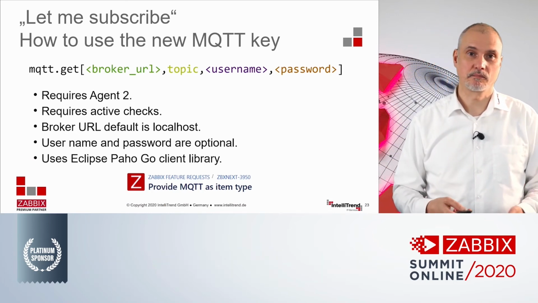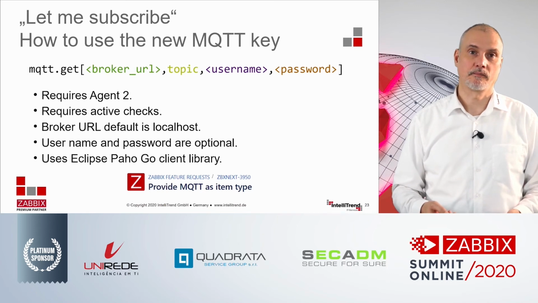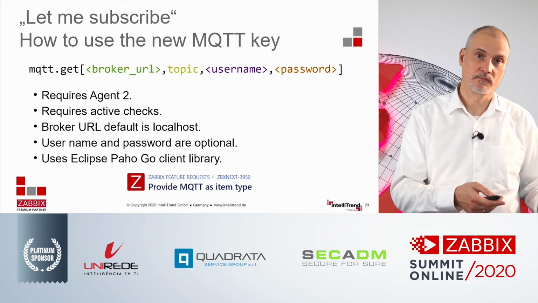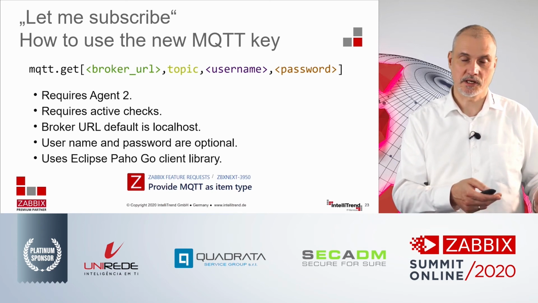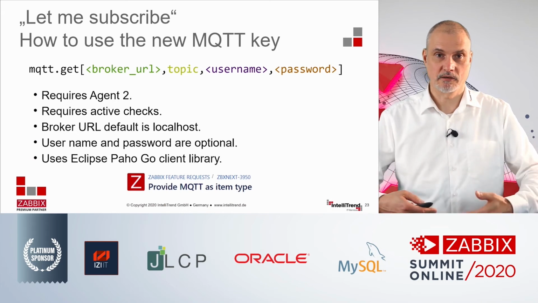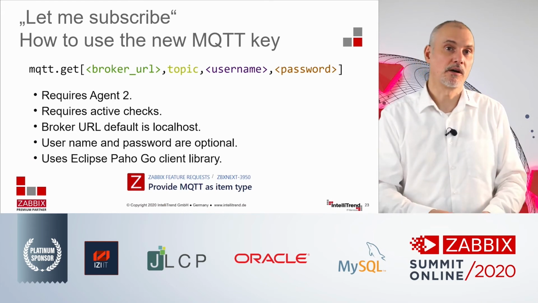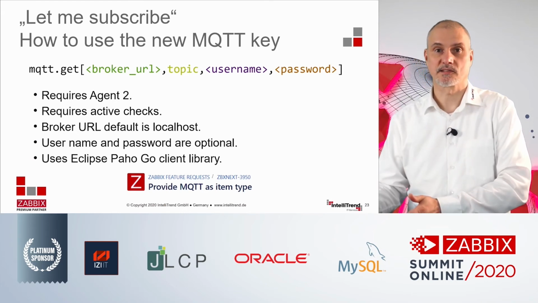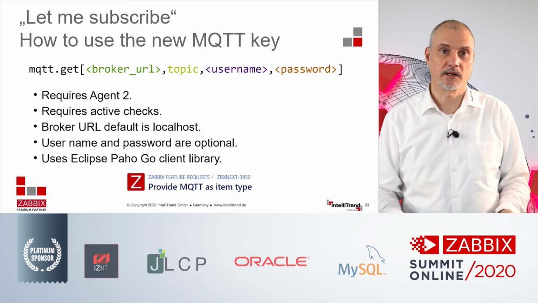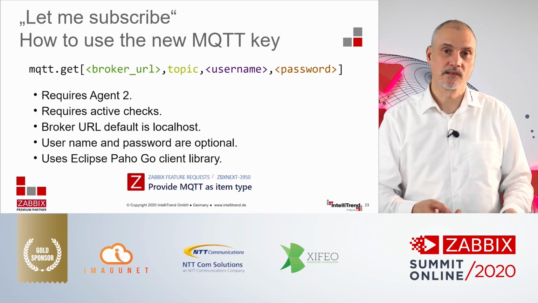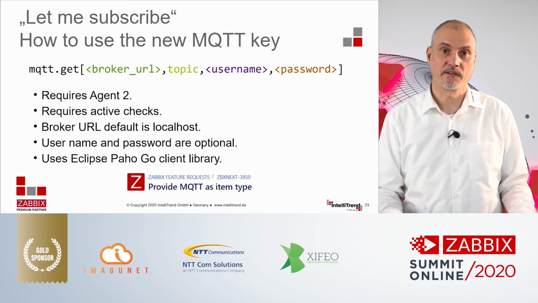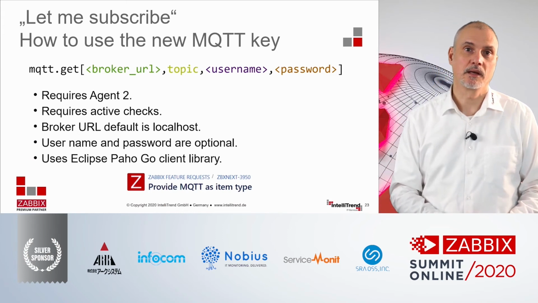That makes pretty much sense because what we do is we subscribe to the broker. Every time some client publishes a message to the topic we are interested in, the broker will push that data to us. So we need to be prepared. That's why we need an active check. MQTT get must listen to the subscription and get notified when the new data comes in.